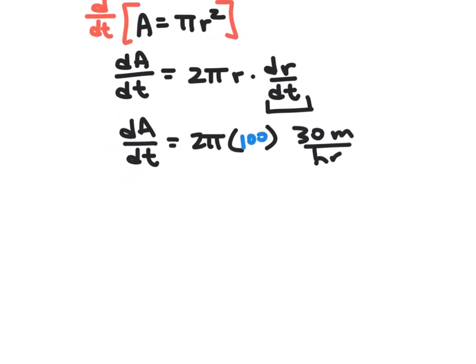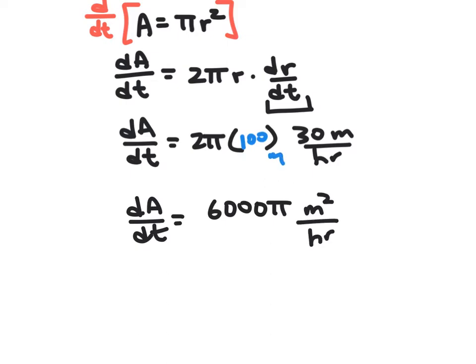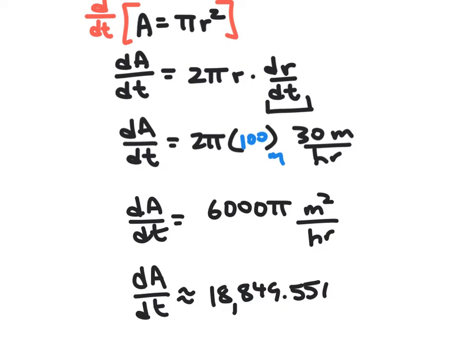When we do a simple calculation here and simplify, 2 times 30 times 100 is 6,000 pi meters. Now this 100 was meters as well, so that's meters squared per hour, which, if we go with an approximate answer, would be about 18,849.556 meters squared per hour.